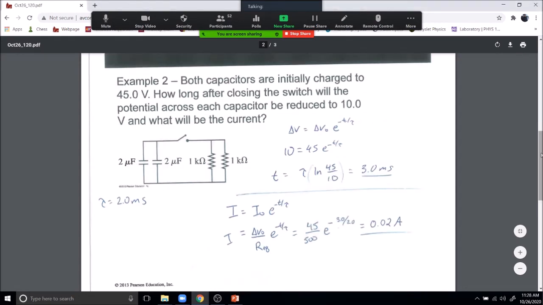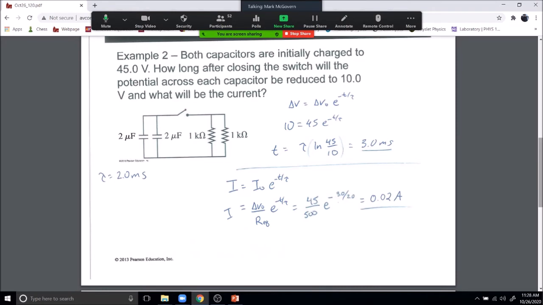Oh, brother, it's the same one. All right, so we have the same RC circuit we had before, 2 milliseconds. And we want to know if both capacitors are initially charged to 45 volts. That's interesting, because if they're both charged to 45, that means their equivalent one is charged to 45.